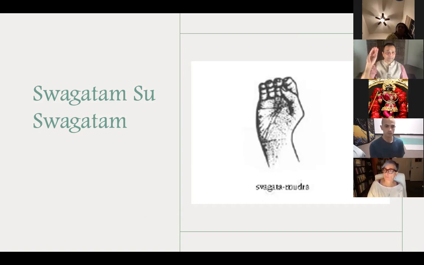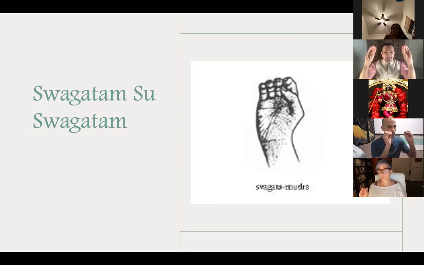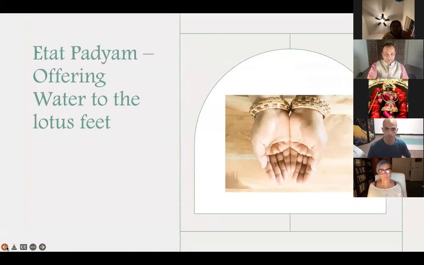Simply you raise the hand. You do it with both hands or right hand only? Both hands. Yeah. Okay. So the picture is of one hand, but you do both hands. Correct. You swagatam. You surrender and you invite the Lord. Okay. And then after that, you do the padyam, offering the water to the lotus feet.